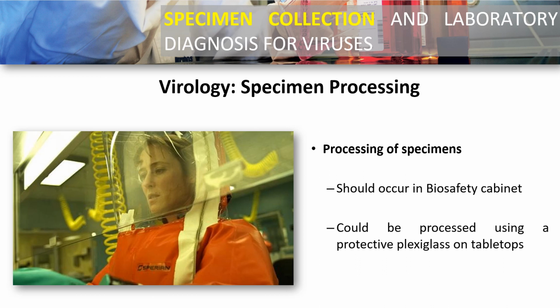BSL-3 lang din yung ginagamit namin, class, for coronaviruses. And then, could be processed using protective plexiglass or tabletops. Ang plexiglass naman, class, ito. Kita nyo to. Itong plexiglass naman. Or tabletops, pwede din.